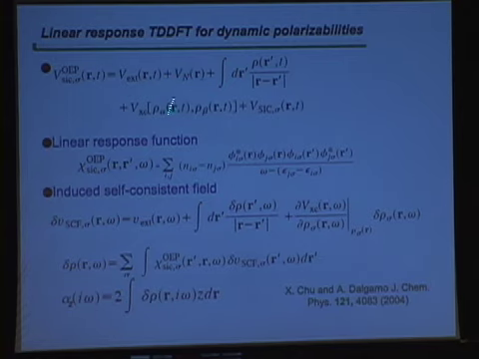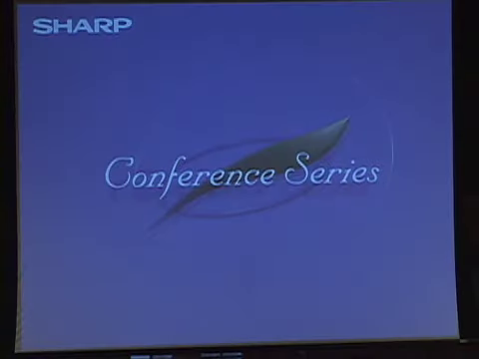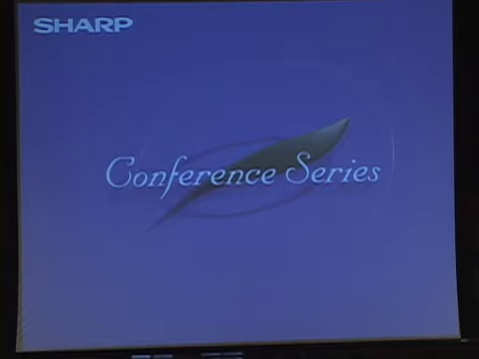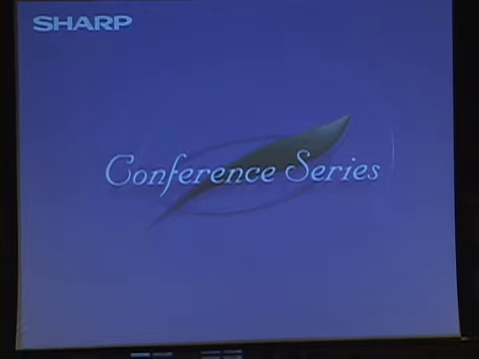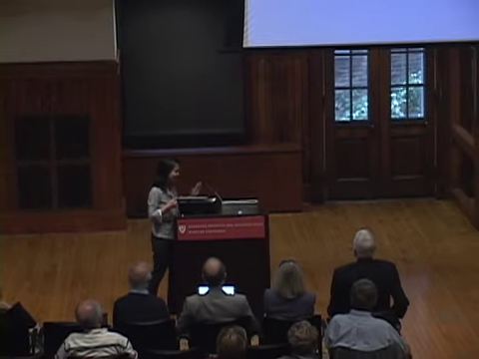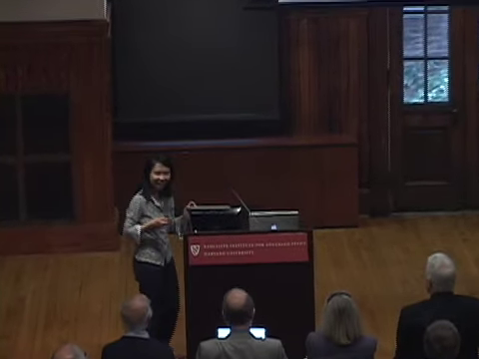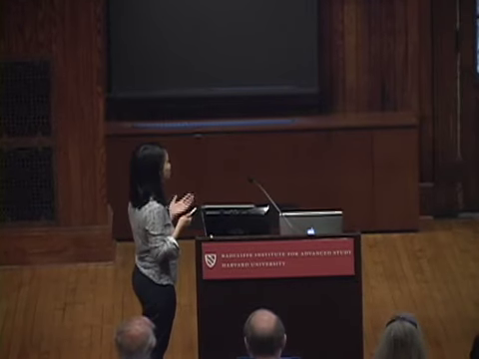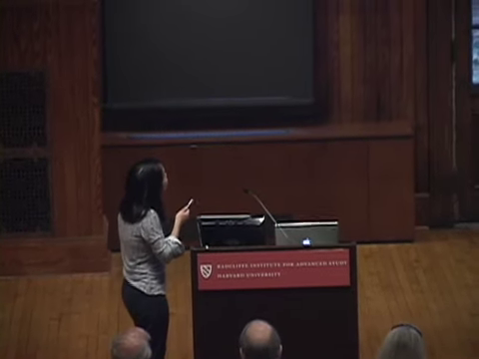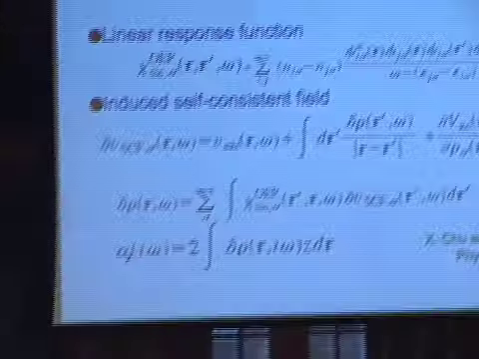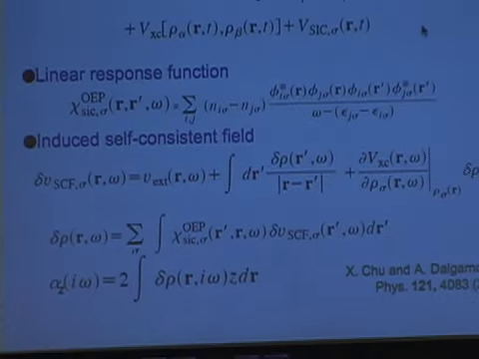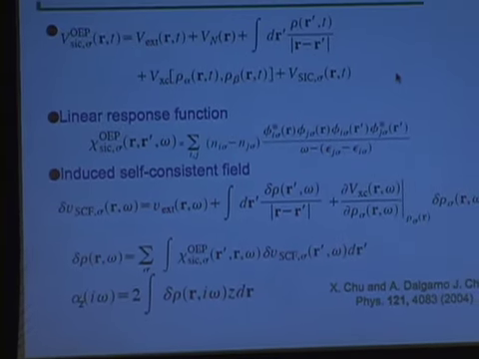If we set the time to be 0, if t equals 0, then this reduces to the static potential as in the Kohn-Sham equation.